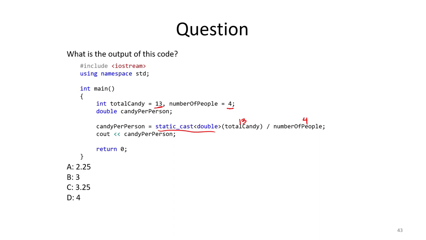We are using static cast. So in this case, 13 divided by 4 is actually going to give us 3.25 because total candy is read as a double. Had we forgotten to use static cast double, and had we just divided total candy by number of people, we would have only gotten 3 as our answer.